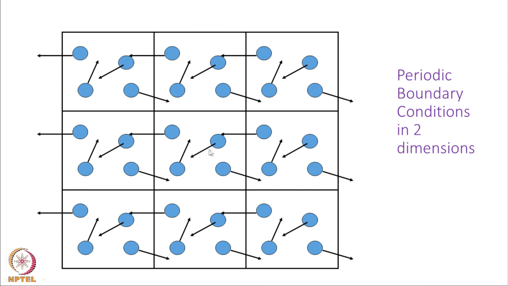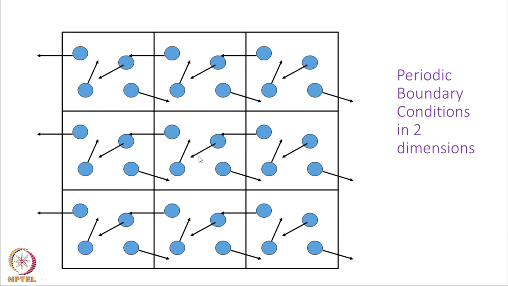Before I go to this minimum image convention, let us understand this properly again. Each box is surrounded on all sides by boxes of a similar type. So, in 2 dimensions, it will be surrounded by 8 boxes. What are those 8 boxes? 1, 2, 3, 4, 5, 6, 7, 8. So, in 2 dimensions, each box is surrounded by 8 boxes. In 3 dimensions, the central box will be surrounded by 26 boxes.